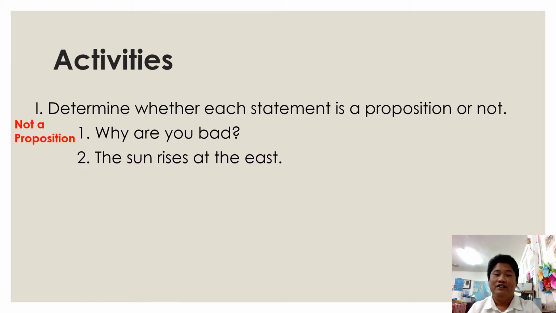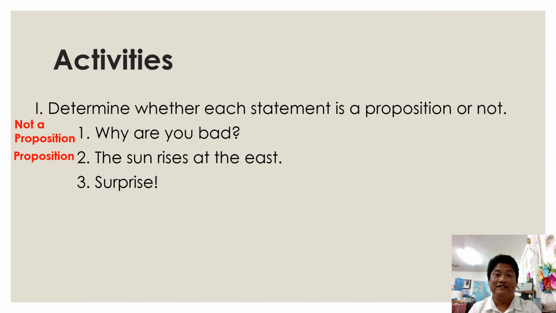Second, the sun rises at the east. Is it a proposition or not? The answer, it's a proposition because it is a declarative sentence and it is a true statement. So based on our science, the sun rises at the east.